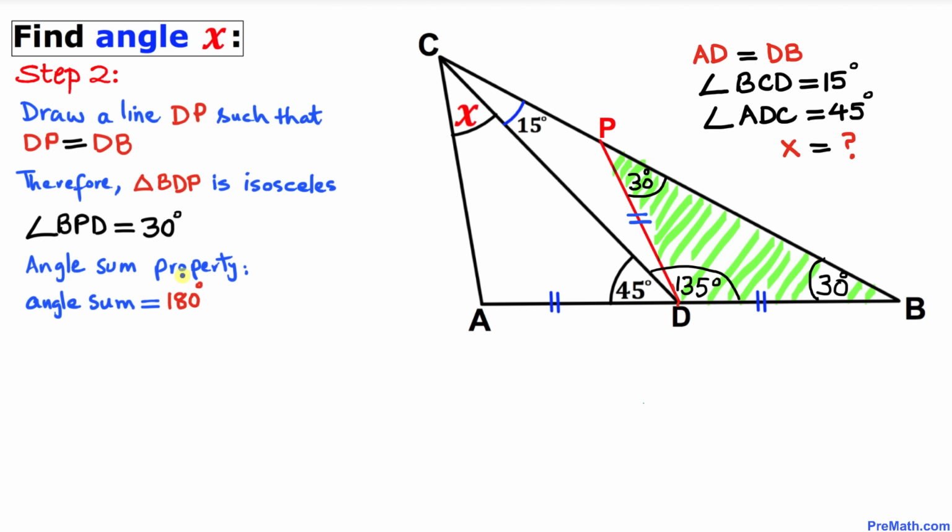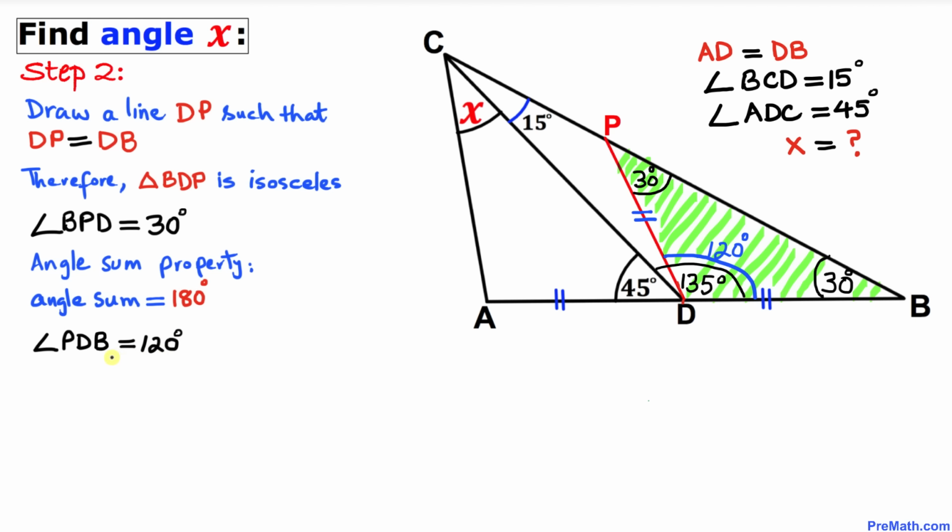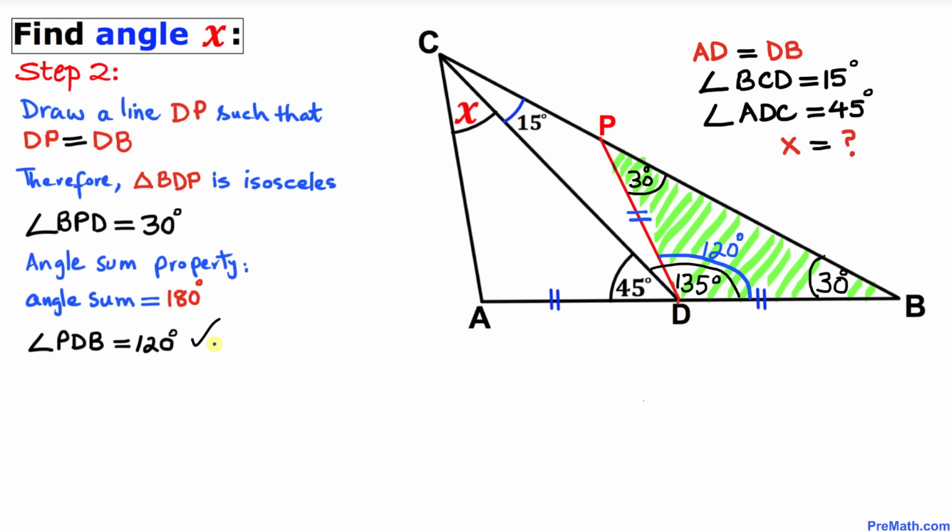Now let's recall the angle sum property of a triangle. We know that the sum of these three angles must be equal to 180 degrees. If this is 30 degrees and this is 30 degrees, this angle has got to be 120 degrees. So therefore our angle PDB turns out to be 120 degrees.